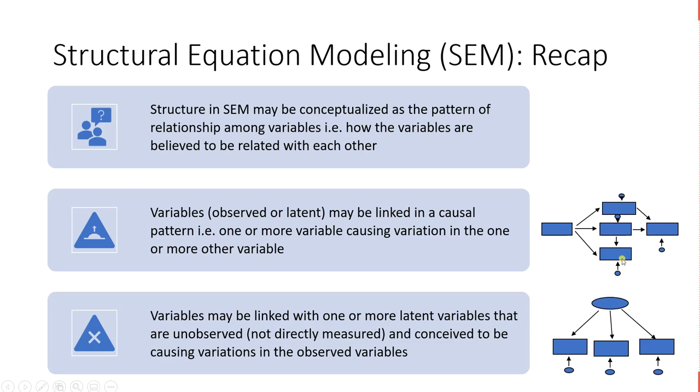But remember that this is not assumed to bring any change in this third variable. We may also assume that it is, so the pattern of relationship may be of any kind. But this is one specified pattern of relationship, and this model will be called a structural relationship model or structural model.